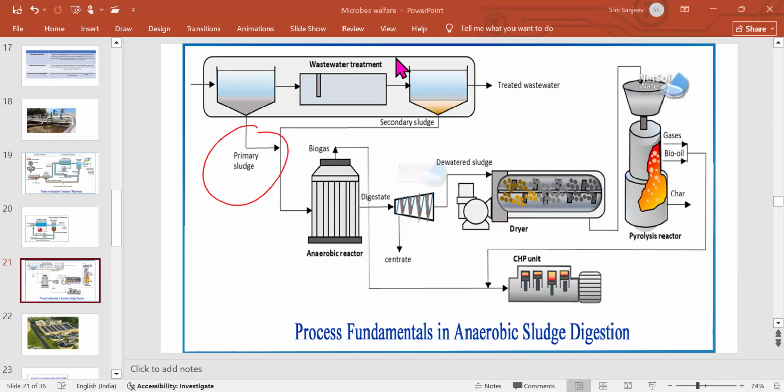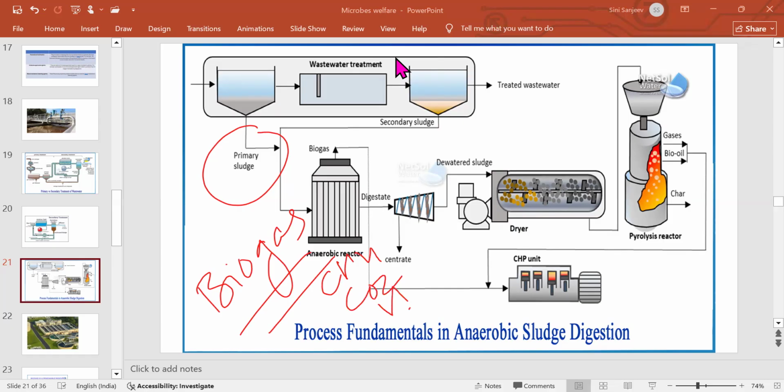In the anaerobic digester, the bacteria will digest your sludge, and after digesting the sludge, it produces an important product called biogas. This biogas is very rich in CH4, that is methane, CO2, H2, and hydrogen sulfide, H2S. So this is the anaerobic sludge digester.